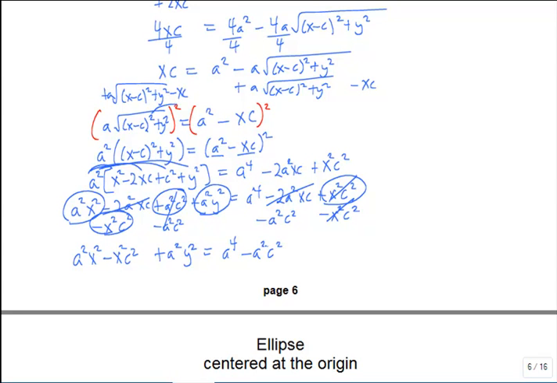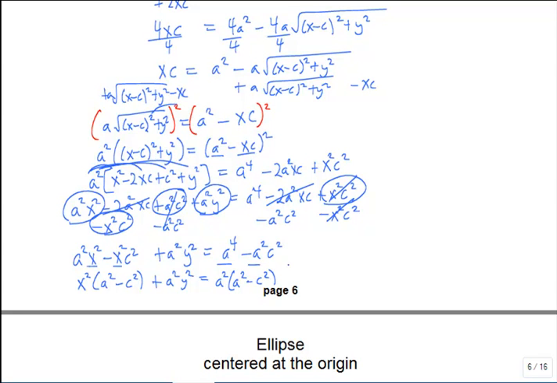All right, we're getting closer. The next thing I want to do is notice that these two terms both have an x squared. So I am going to factor out an x squared from both of them. And these two terms have an a squared in common, so I'm going to factor out an a squared from both of them.